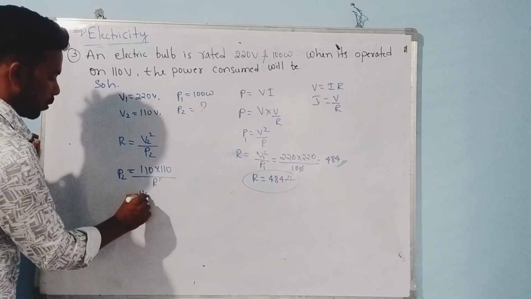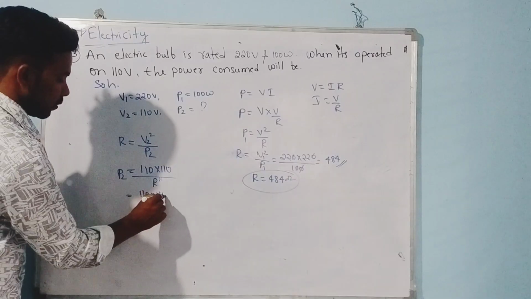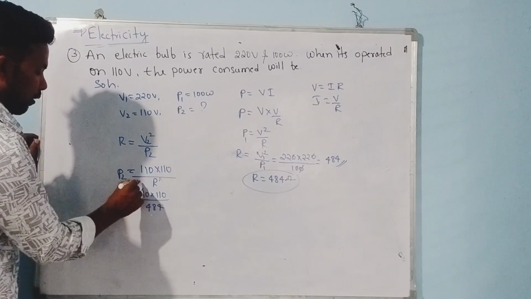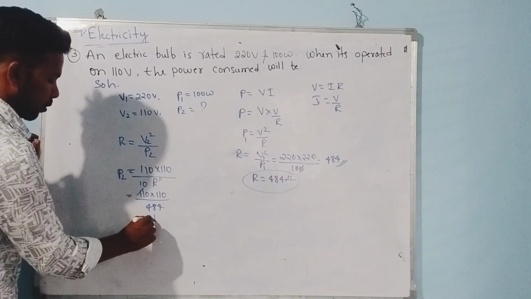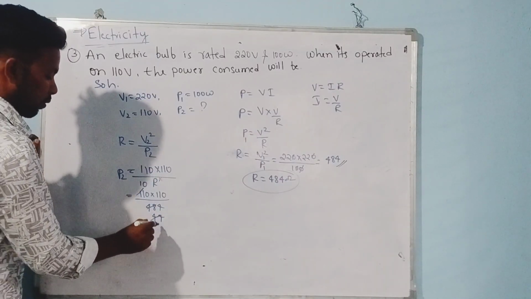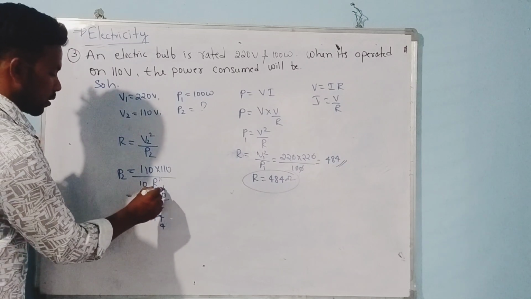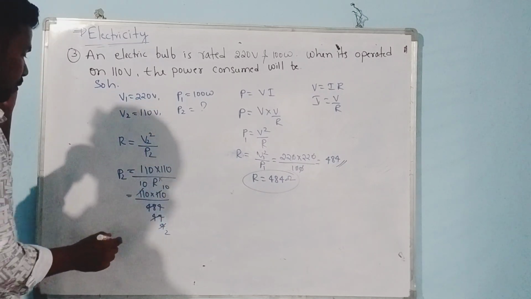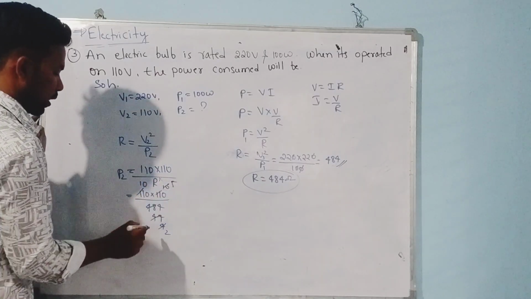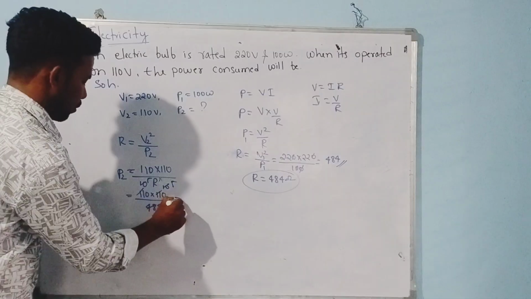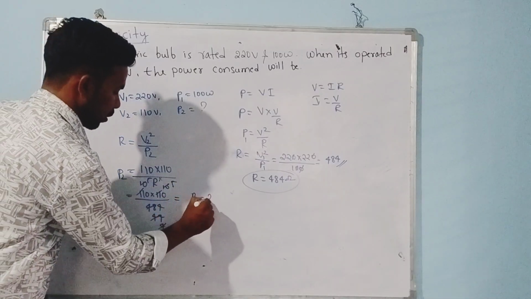So 110 into 110 divided by 484. Simplifying, 11 ones are 11, 11 fours are 44, and so on. So P2 is equal to how much? 25.